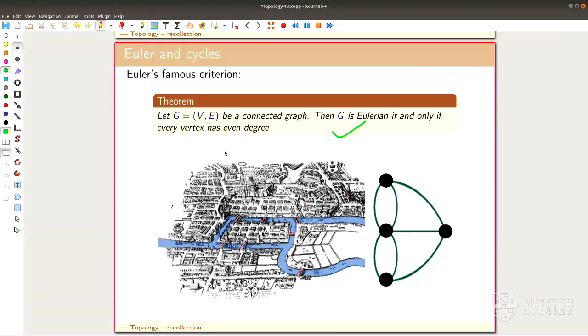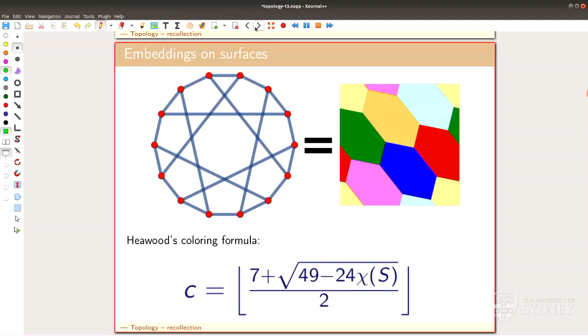It's very powerful, but it only tells you whether something is Eulerian or not. It doesn't give you the corresponding path or cycle. There was a similar statement for paths, which I'm not pulling up here, but essentially the same: you just have a start vertex and an end vertex, which can have an odd degree. Again, a very powerful method.